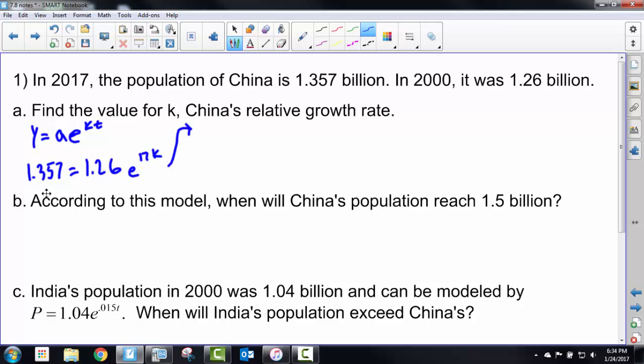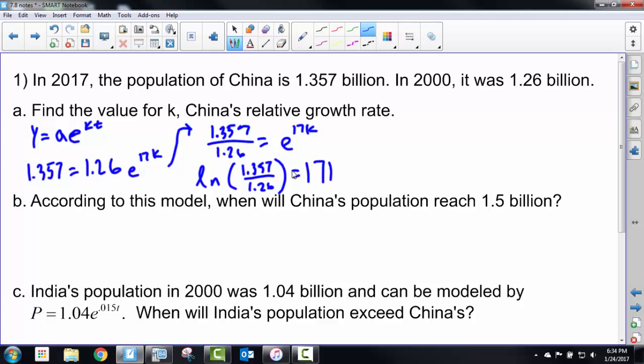All right, let's do this algebraically. To solve for k, I'm going to need to first, of course, divide by 1.26. And anytime we have an exponent, we need to undo that with a logarithm. So we're going to have the natural log of 1.357 divided by 1.26 is equal to 17k.